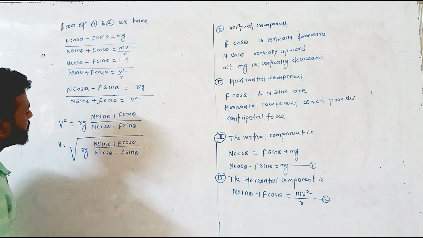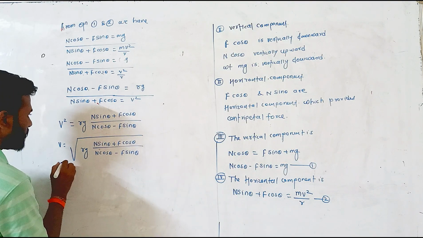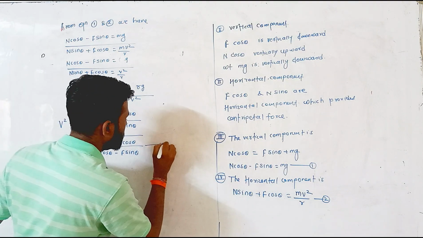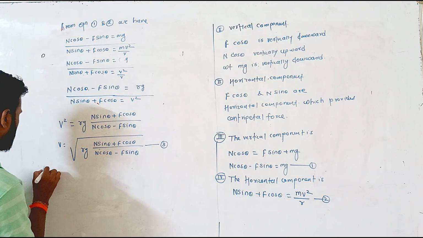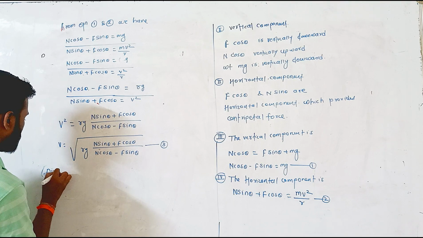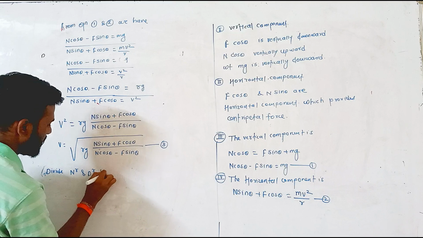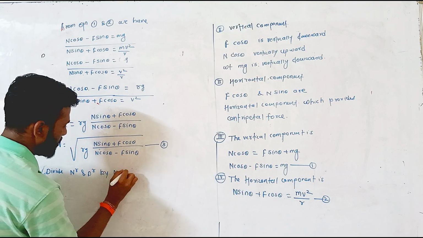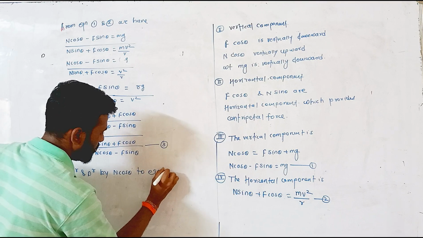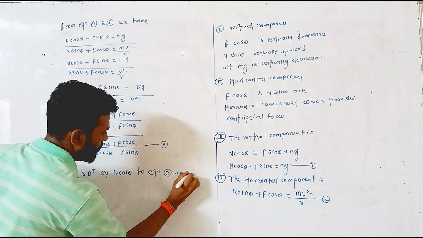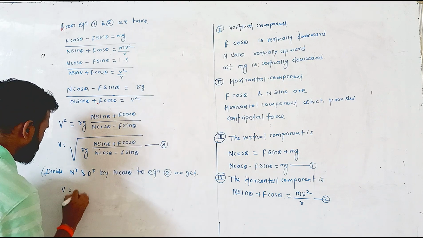So basically we divide this equation by n cos theta for solving it. We take this equation number 3, divide numerator and denominator by n cos theta. What do we get?